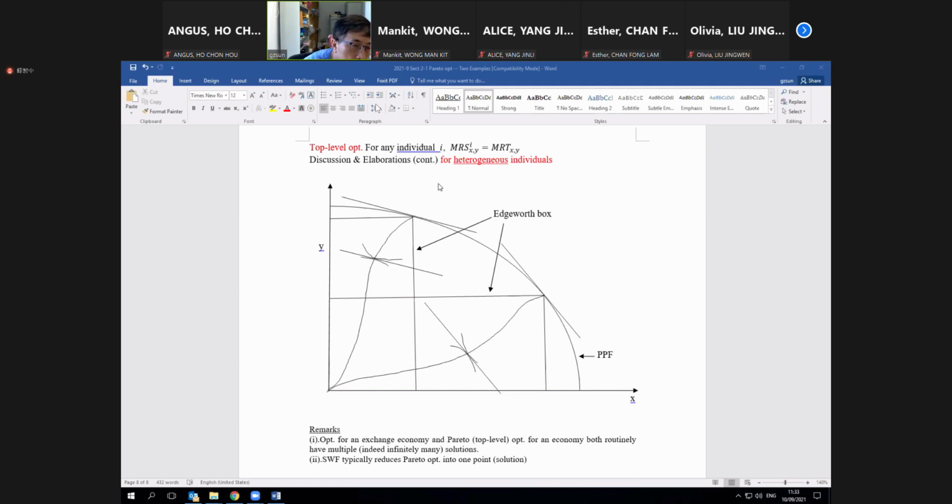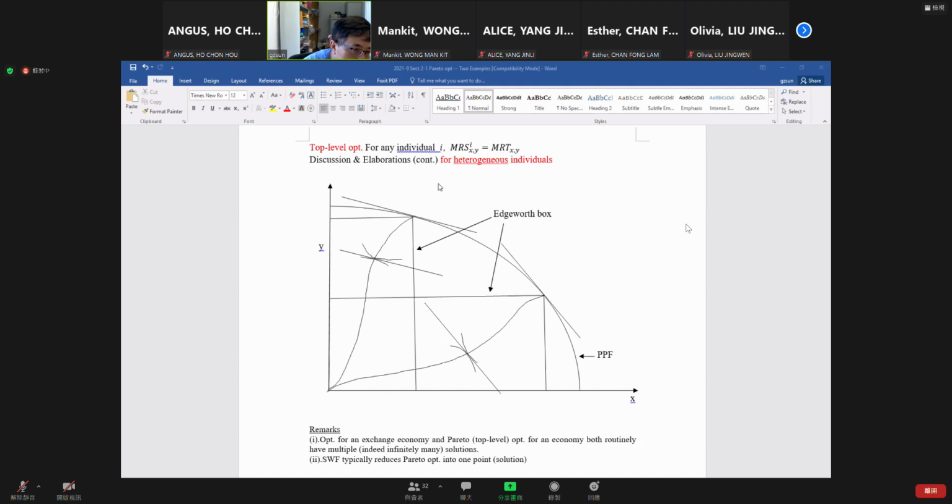The exchange level, we call exchange optimal, and the production level, we call technical efficiency or production optimal. And then we bring together consumption, which we call exchange, and production. We bring together the 2 aspects of social and economic life, and we come up with the idea of the so-called top level.